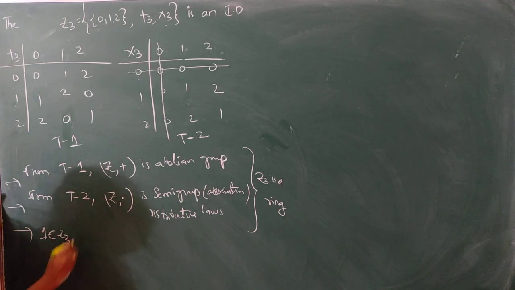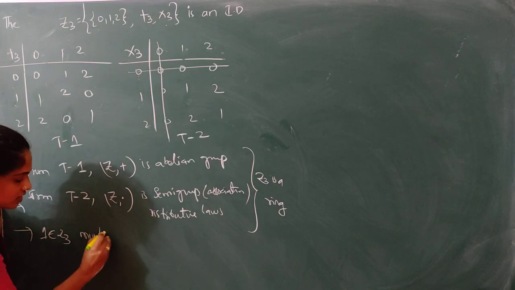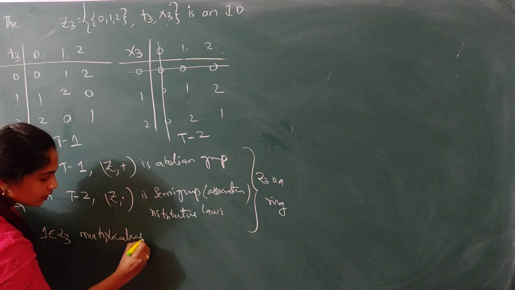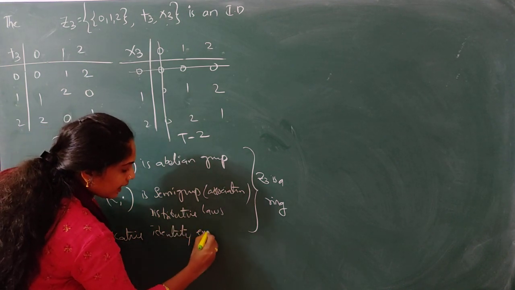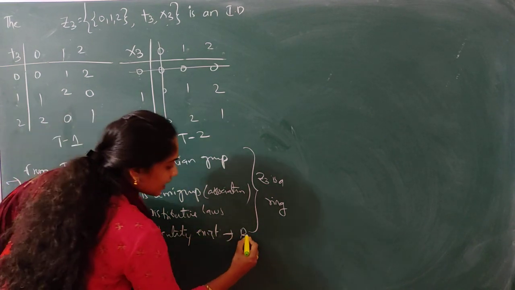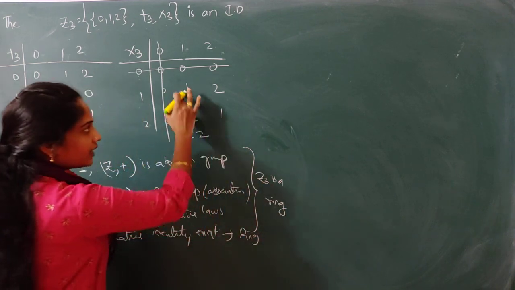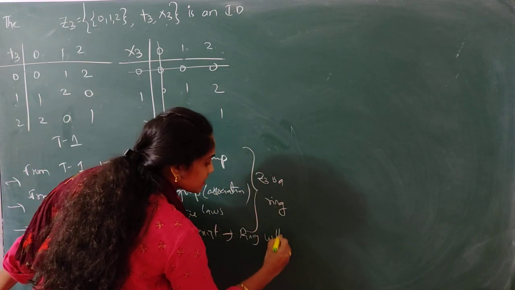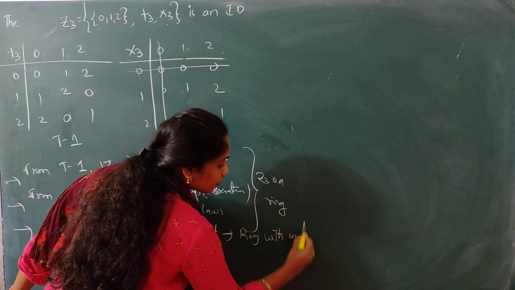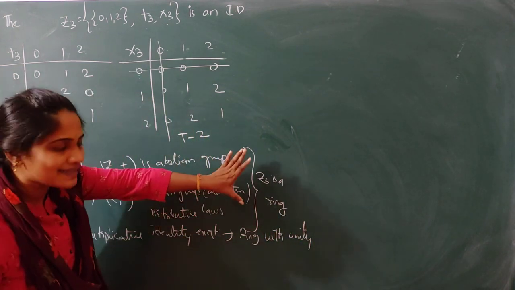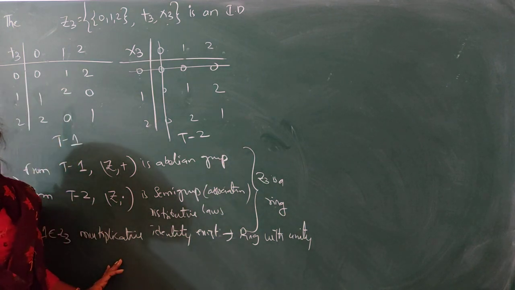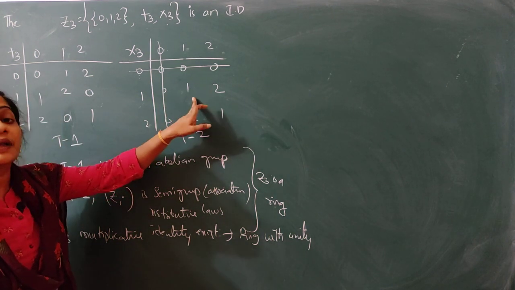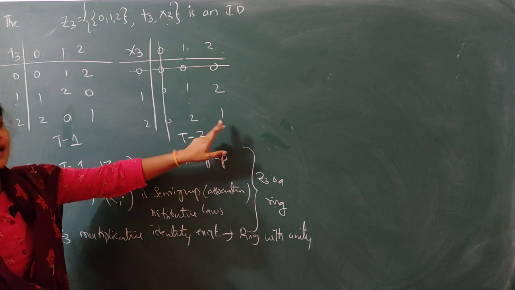So the multiplicative identity exists. You are getting unity here, therefore it is a ring with unity. Got the point? We have proved that it is a ring and that the multiplicative identity exists here.